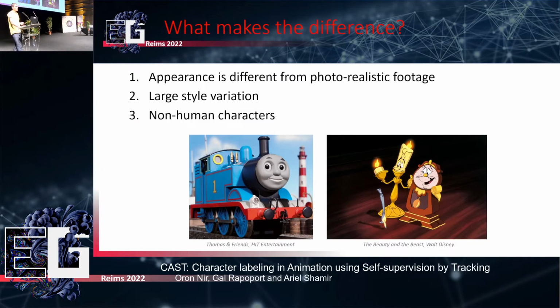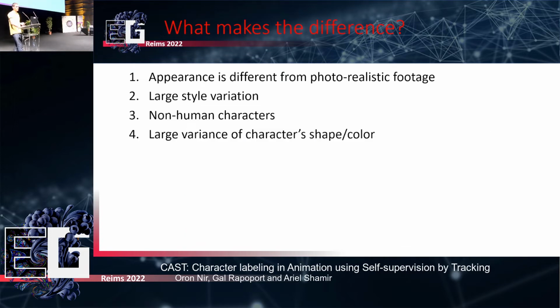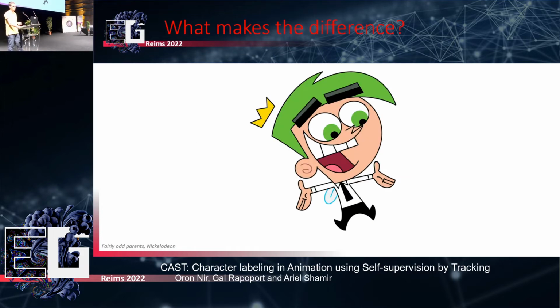On top of that, a character can wear any shape of a non-human character, as we saw before. And lastly, the variation of a single character could be quite significant, as characters in animation do not abide by physics laws. This is Cosmo, a fairly simple character with just a few colors and a distinctive pattern.